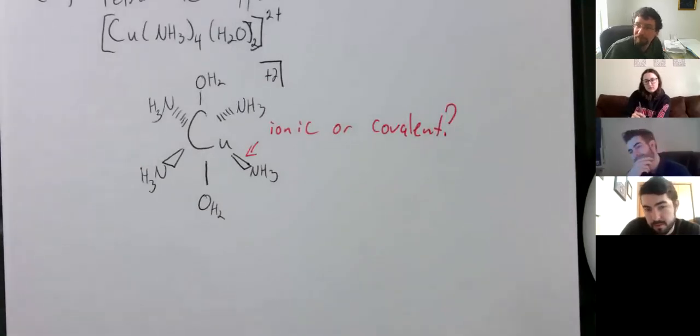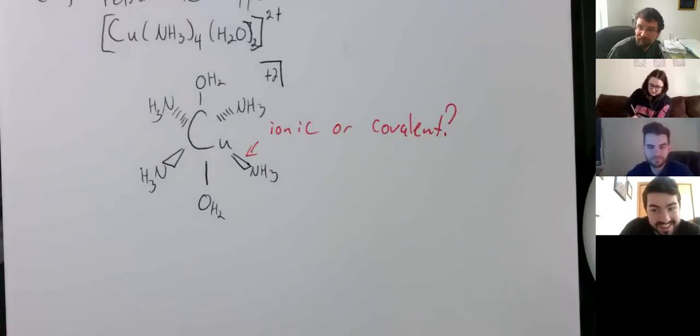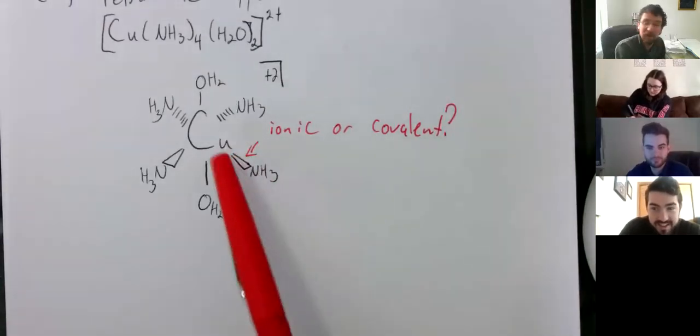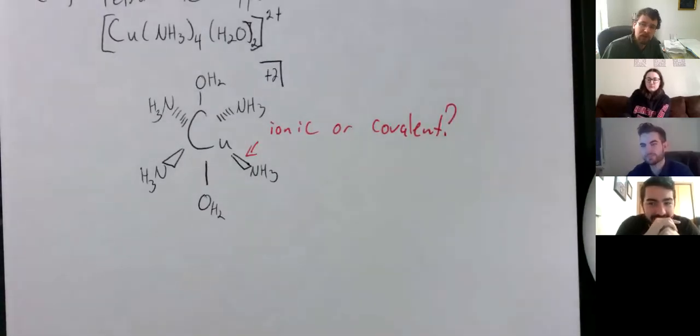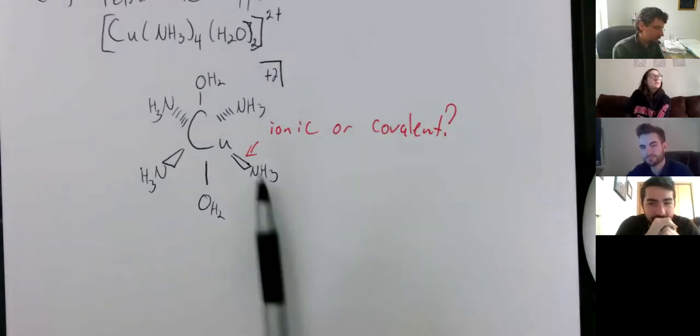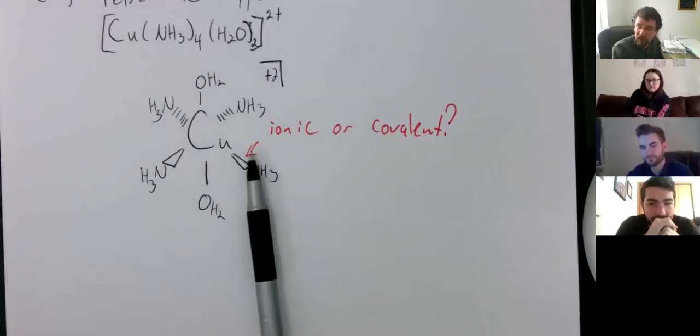So what do you think? Can't it change depending on the compound we're looking at? Yeah, it can, but what about specifically this one? Is it ionic or is it covalent? Probably ionic. No, you kind of have to look at the orbitals, I thought. Yeah, you do have to look at the orbitals and see what it tells you. Something else you can consider, you can look at electronegativities. I would think most chemists would consider this actually a covalent bond.